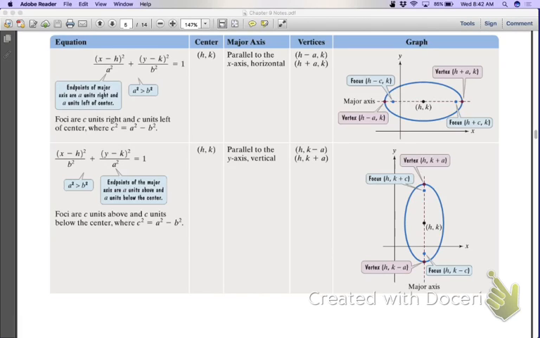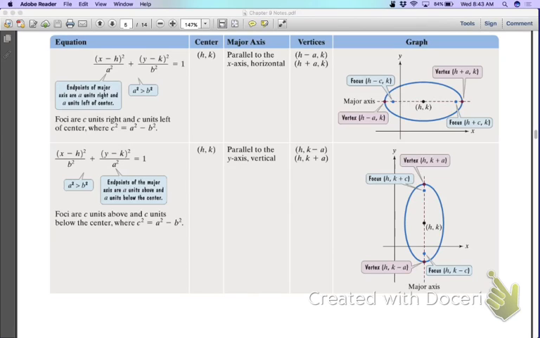I'm not worried about your picture or your graph. I'm worried about making sure you have the right center, the right vertices, the right co-vertices, and the right foci. The picture is the least of my concerns. As long as you put everything down in the right spots, you'll be just fine.